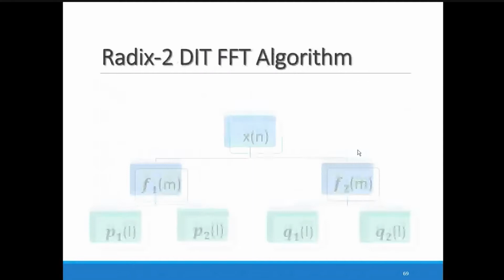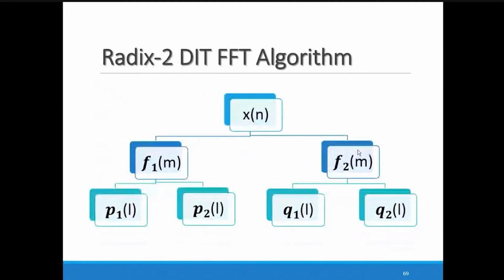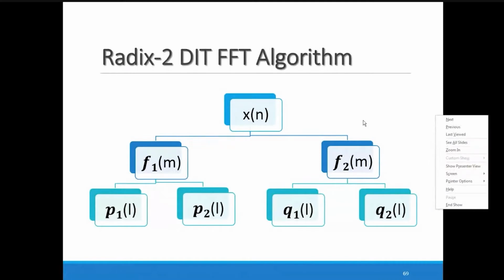If I represent this using a diagram, x of n is first split into an even and odd sequence. The even sequence is f1m, the odd sequence is f2m.